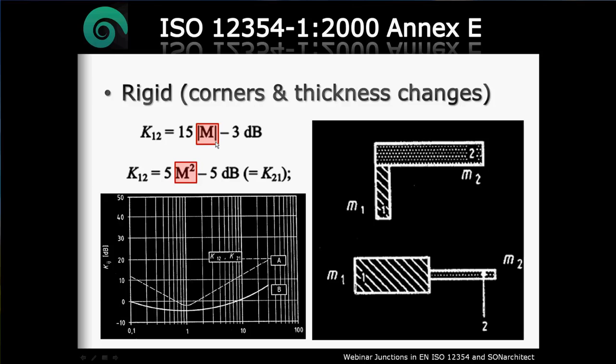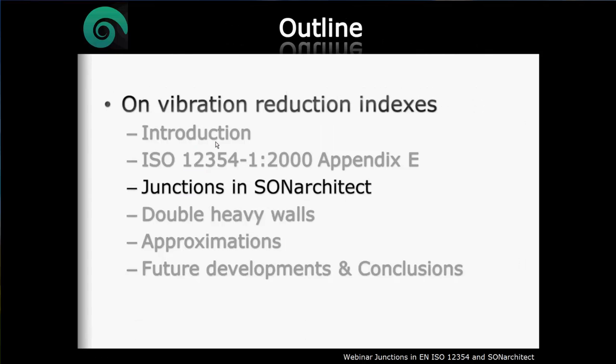So these are the models that are included in the Appendix E of the ISO 12354. I know there are lots of models, a lot of specific junctions that are not covered by this model, but we could talk a little more about it later on.